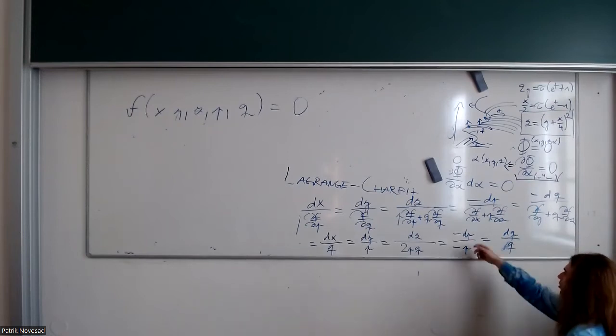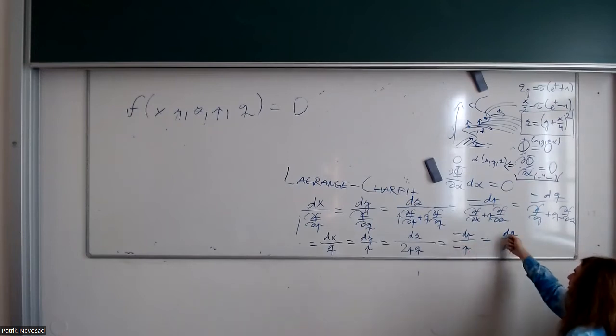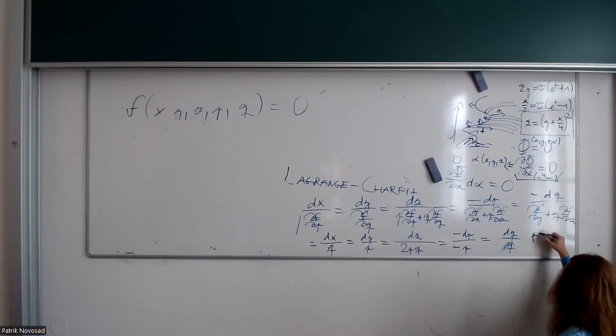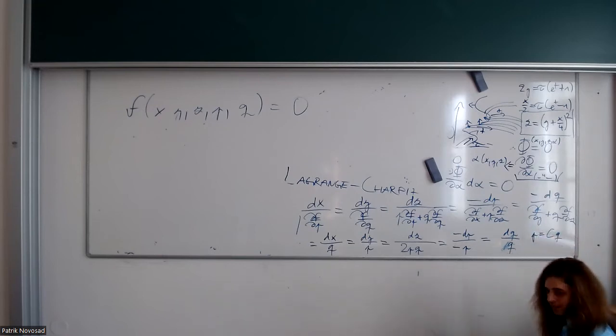Because if I have just dp over p equals dq over q, I could, of course, integrate it to something like p equals a constant times q.